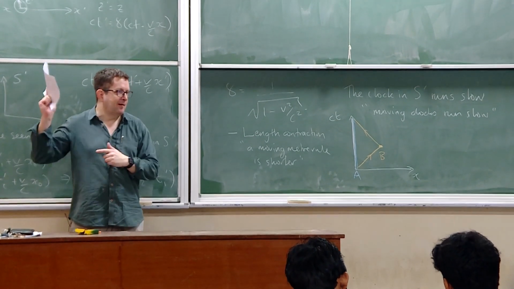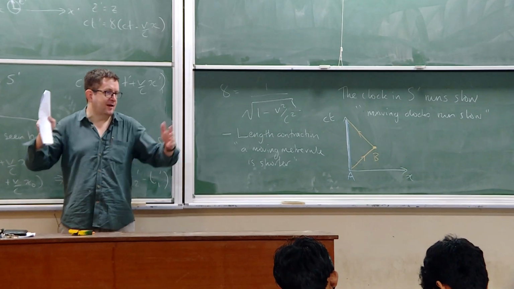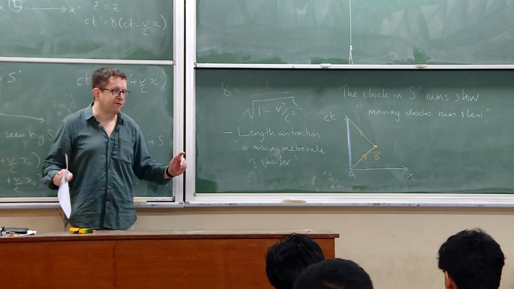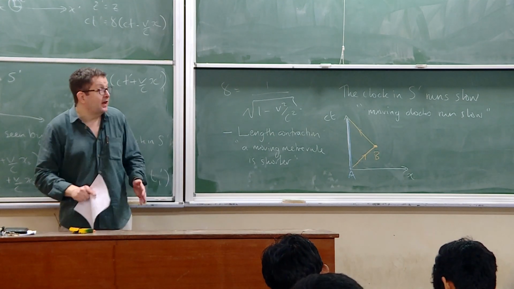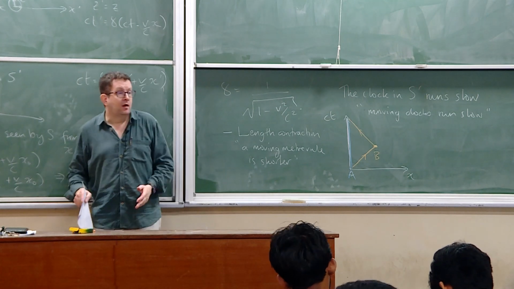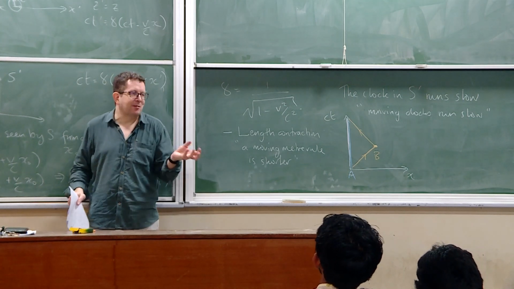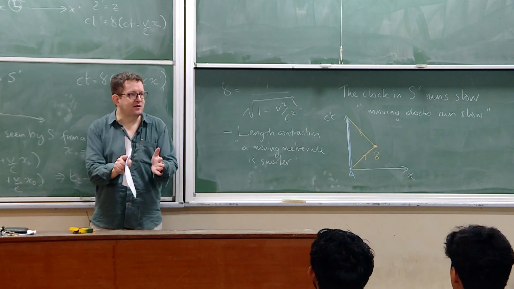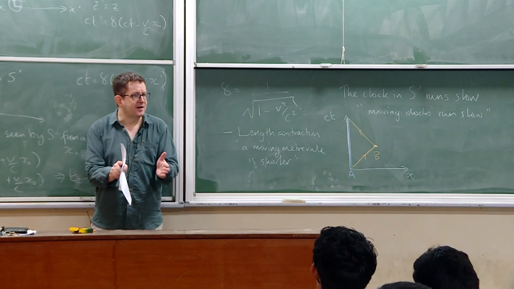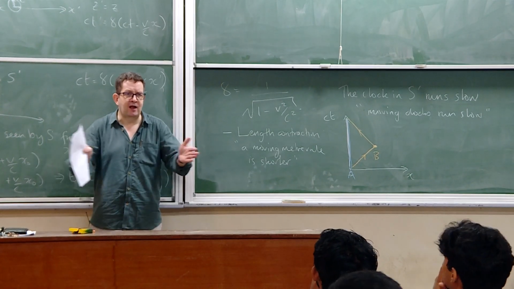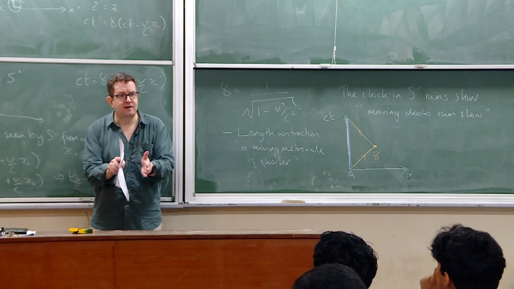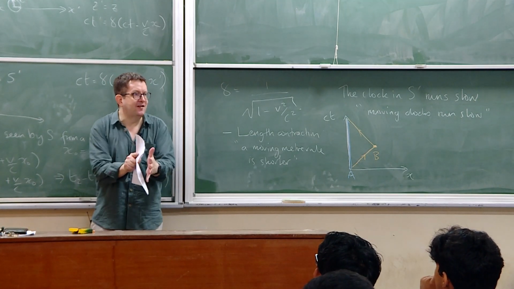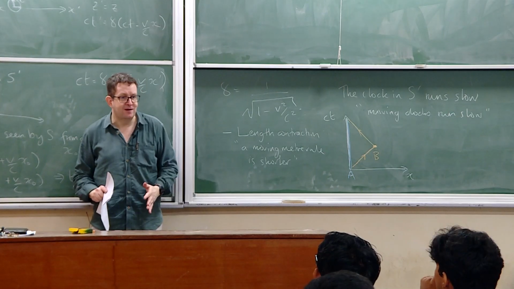It's the same logic that you apply with the clocks, except now you have a stick in the moving frame, and you say what its coordinates would be in the other frame, and you see it shrinks. Again, this is observable, but we have to do it with subatomic particles, which I'll come to later. We see that if we accelerate our particles very, very fast in our accelerators, they actually look like we're colliding two pancakes in the collider, not two balls anymore. They shrink in the direction in which they're moving, okay?